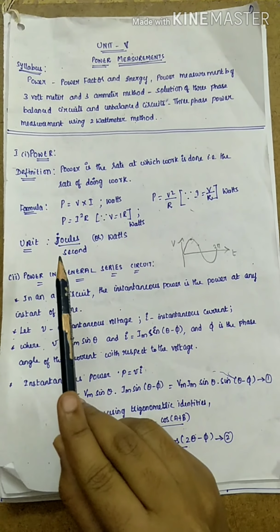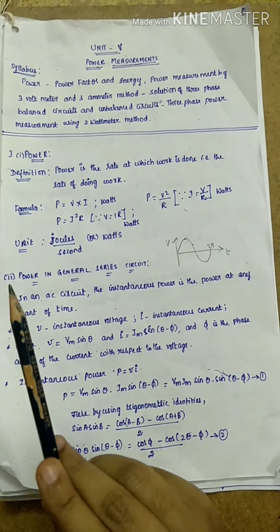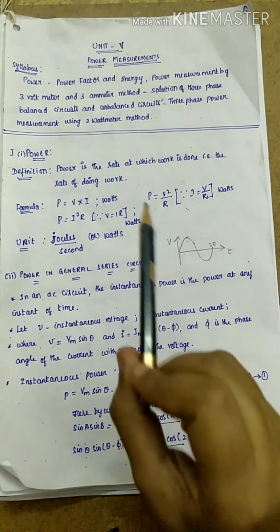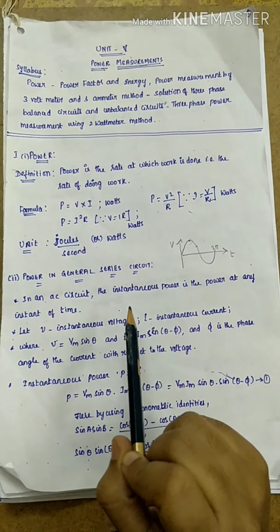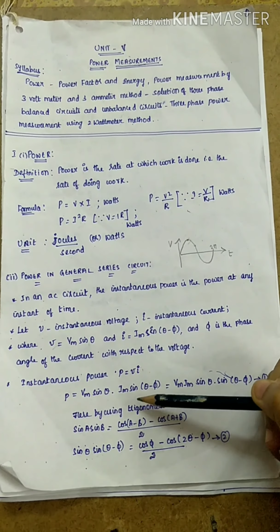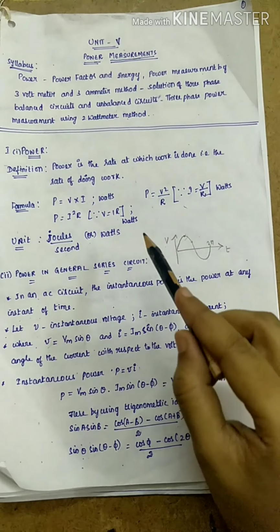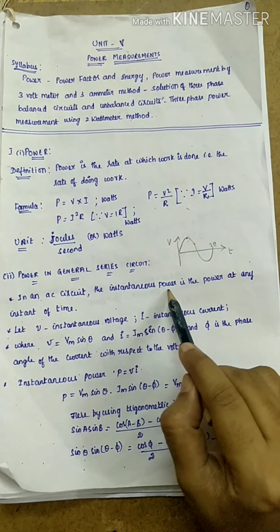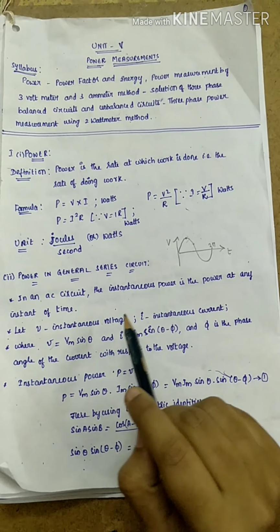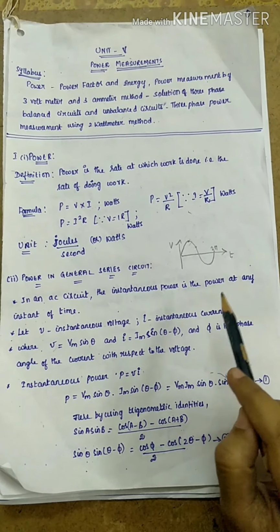The title of this derivation is power in a general series circuit. The power in a DC circuit and an AC circuit differs. This derivation will give you the formula for power in AC circuits. Before entering into that, we have to see what is instantaneous power, instantaneous voltage as well as instantaneous current.